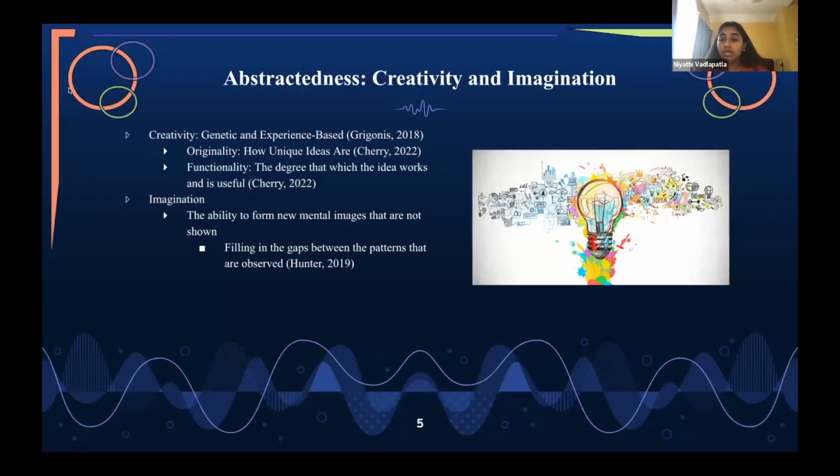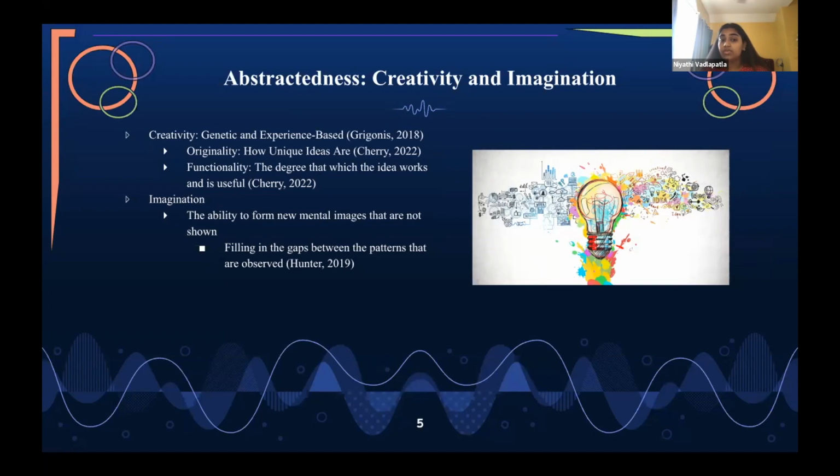So we want to look at how sleep spindles and non-REM sleep impact abstractedness. Abstractedness is defined as creativity and imagination. Creativity is split into originality and functionality. Originality refers to how unique the ideas are, whereas functionality refers to the degree to which the idea works and is useful.